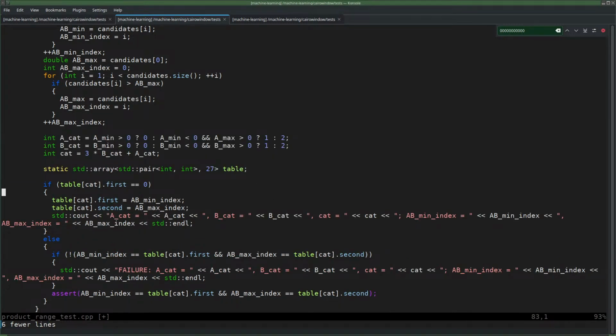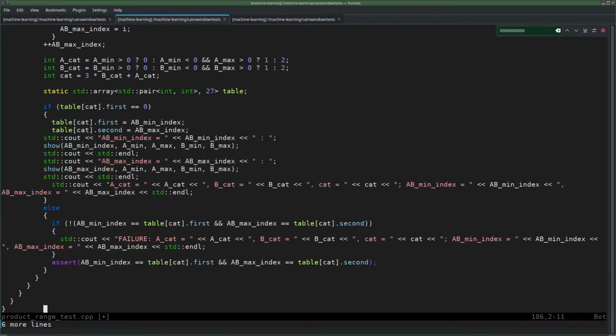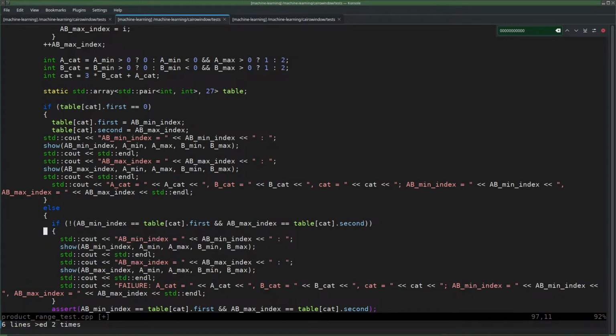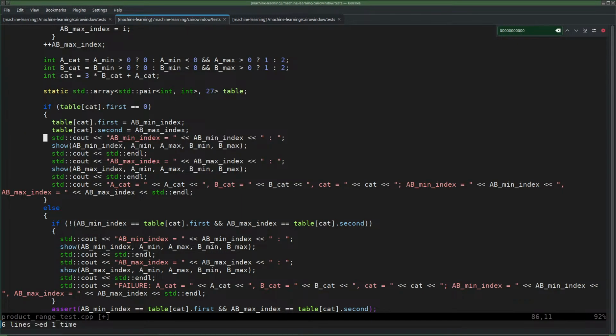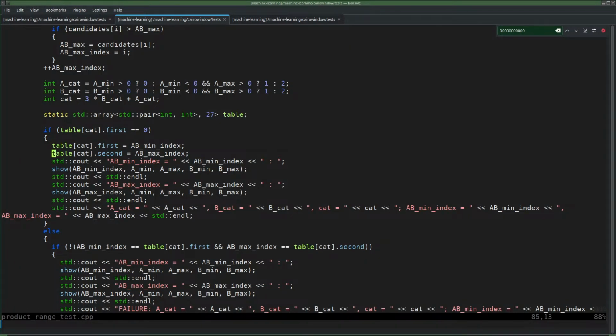Let's print this only here and here. And then also have to get rid of these values.